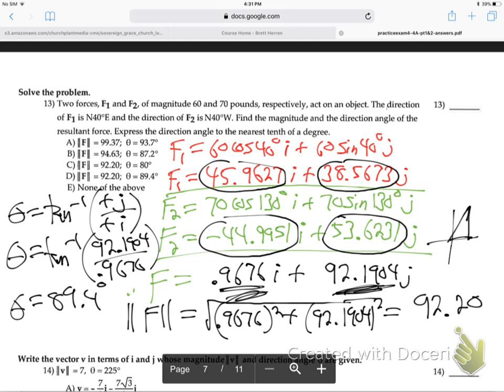So the resultant force vector is in quadrant 1. If it was in quadrant 2 or 3 or 4, then I would need to adjust the angle because that would just be the reference angle. But that's already a quadrant 1 answer, so that's my answer, 89.4. So it looks like D is the answer on that.